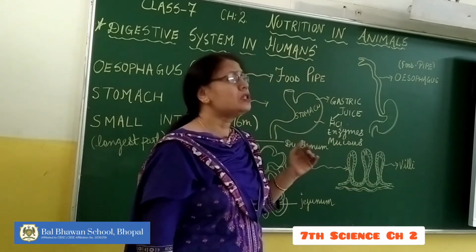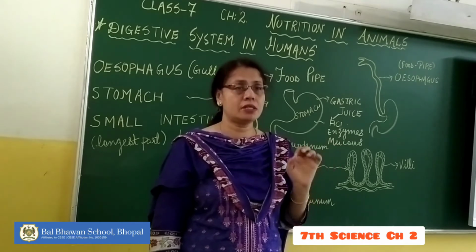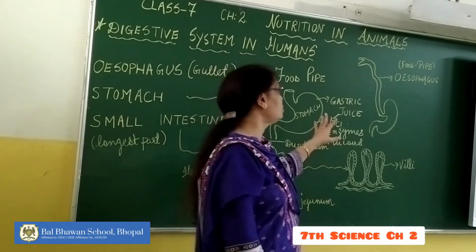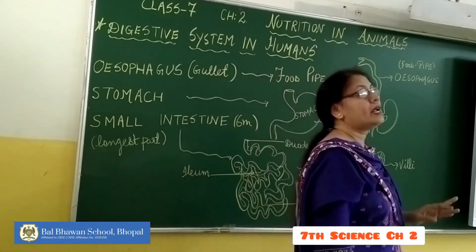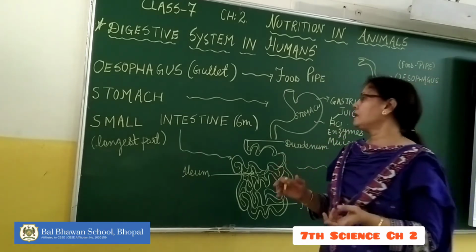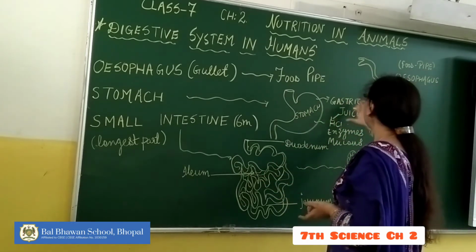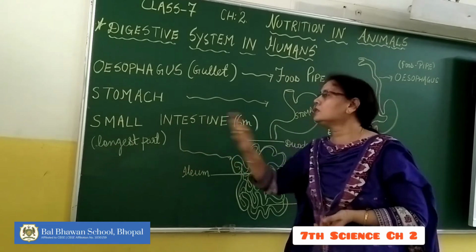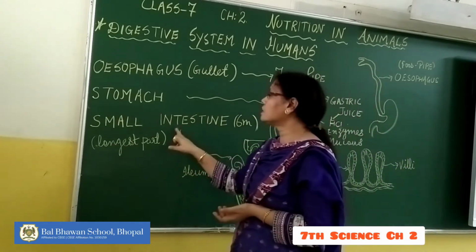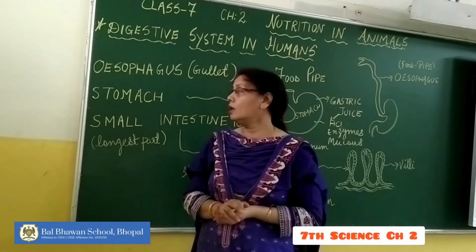Now, the process of digestion takes place in the stomach. What happens once the food is digested and changed into a paste-like material? The food from the stomach now passes to the next part, and what is that? Small intestine.